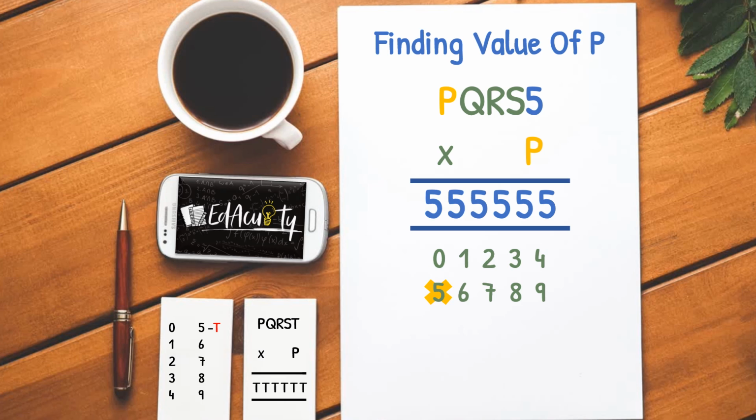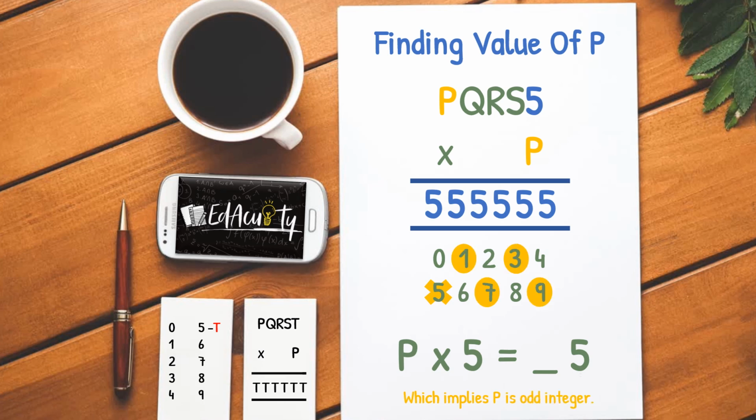So the next value we can think of is the value of P. Here, P multiplied by 5 will give a 2-digit number ending in 5, which means 5 will be at 1's place. This implies that P is going to be an odd integer. And the odd integers we are left with are 1, 3, 7 and 9.